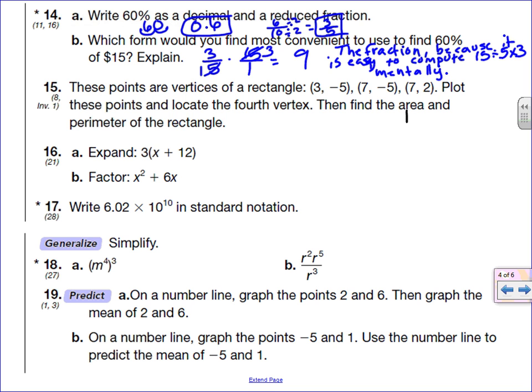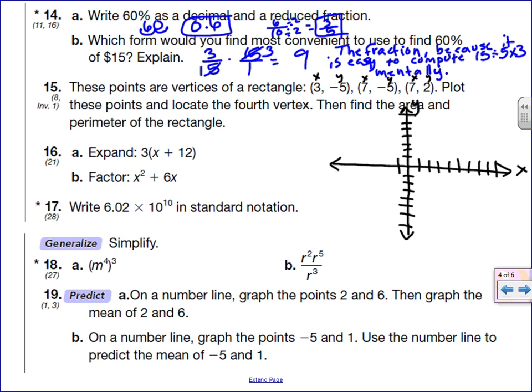So if I have x and y, remember that these are x and y, so 1, 2, 3, 4, 5, 6, 7, 8, 9. 1, 2, 3, 4, 5, 6, 7.